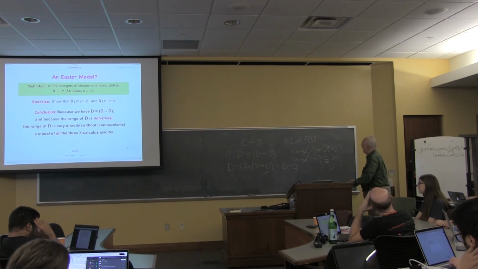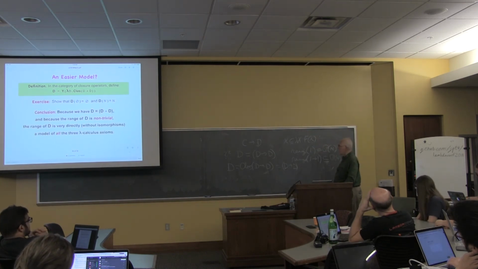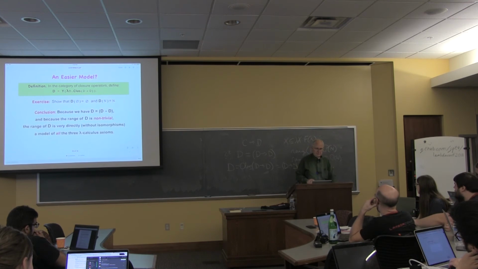The power set of N slightly fails in one of the axioms of lambda calculus, and I don't think it's an important failure at all. But if you're one of those nitpickers who say, no, I want that axiom of equality there, I just gave it to you.